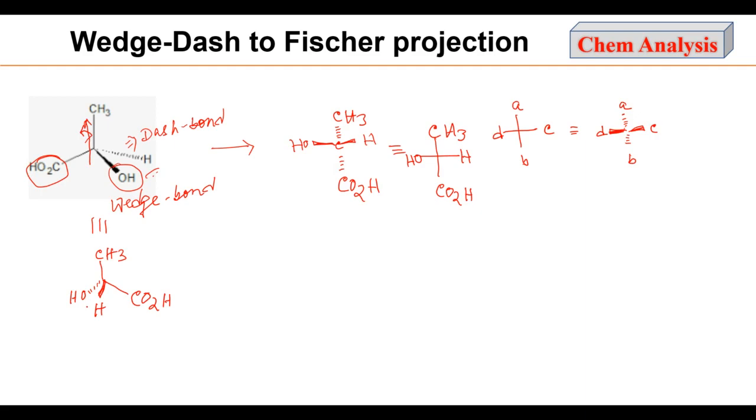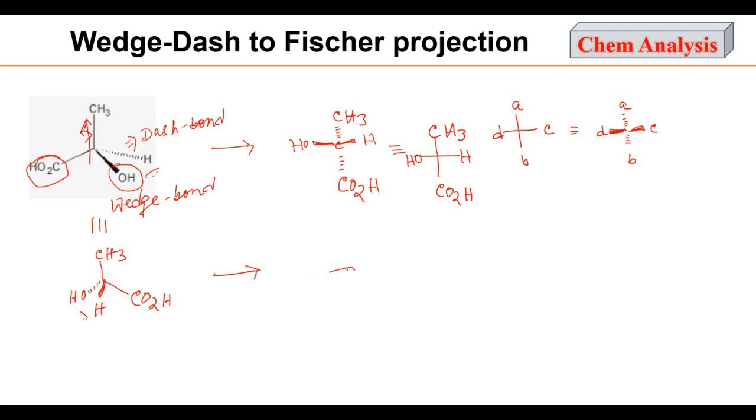Now if we see this molecule along this OH- group, that is this side, then the hydrogen atom will be on the right side and the OH group will be on the left side, and both these groups will be on the front side like the previous one.